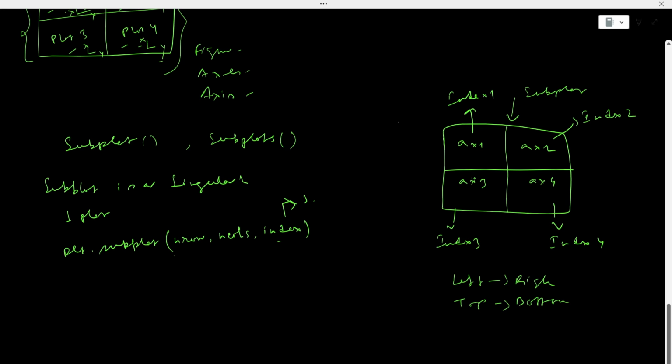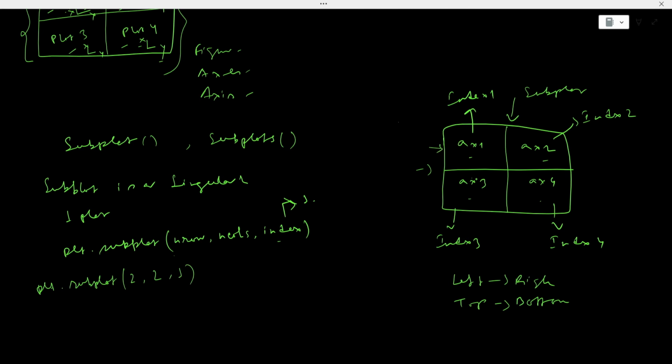So left to right, this is 1, this is 2, and top to bottom, this is 3 and this is 4. So in order to create this type of structure, we have to write plt.subplot. Now here I have to pass how many rows and how many columns. So I have 2 rows, 2 columns, and here I have to provide the index. That means in which axis I want to create my graph. For example, if I want to access this one, then I have to pass 1.